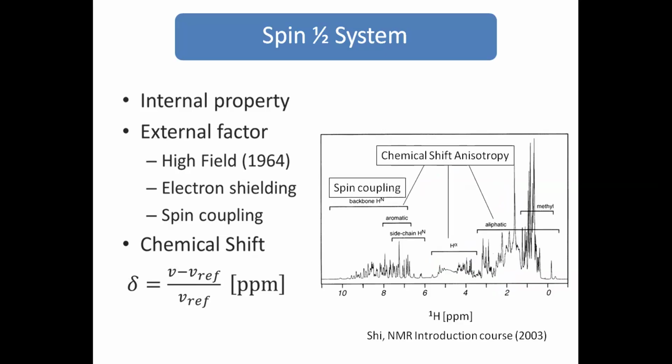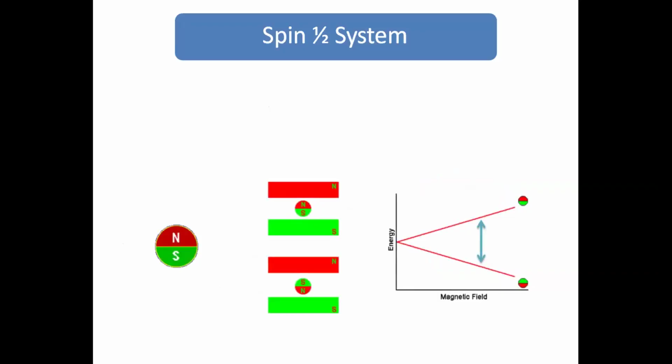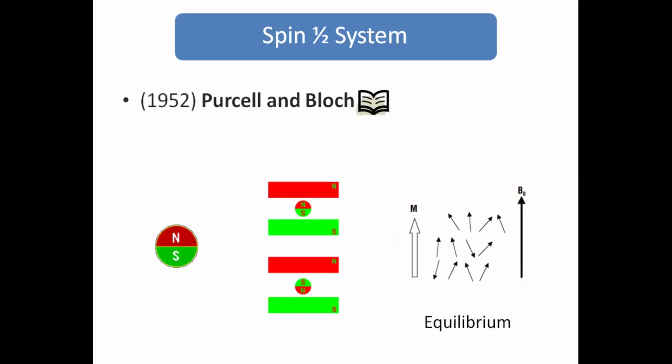Okay, so I hope you are able to see this slide now. I was discussing this slide last time. There is a shift of the nuclei by applying the external radiation, and that radiation changes the equilibrium.